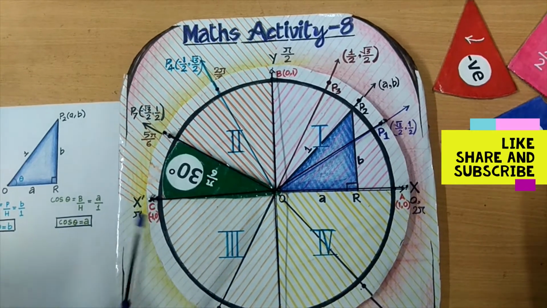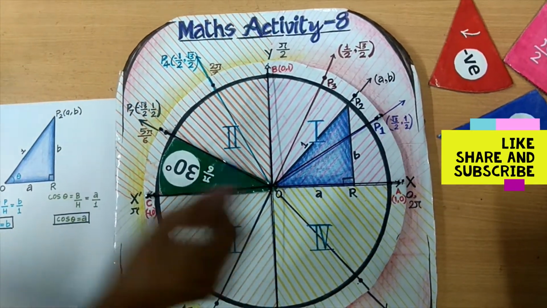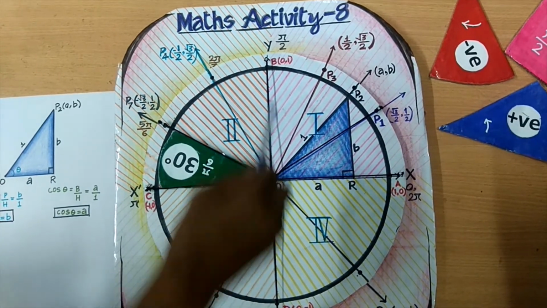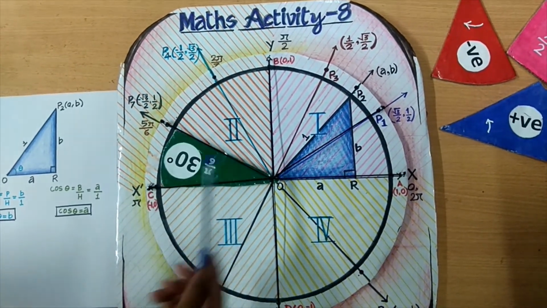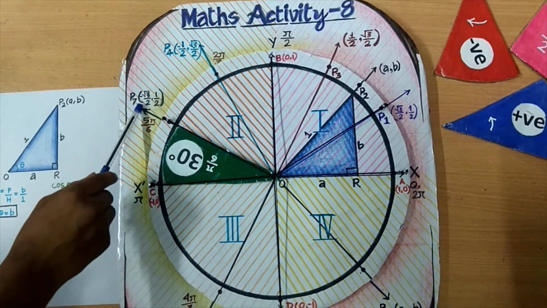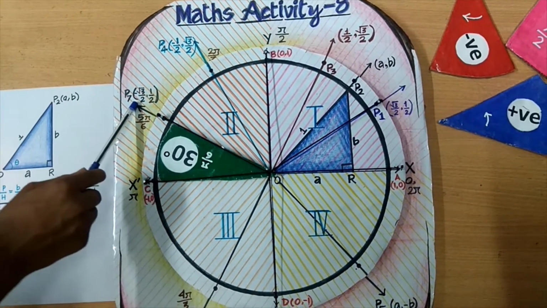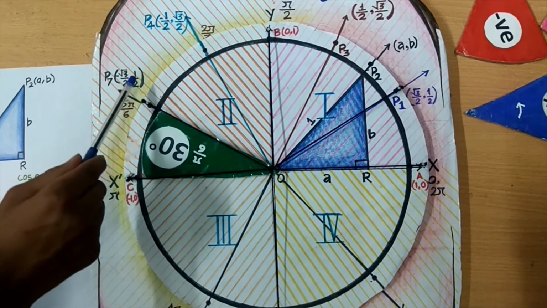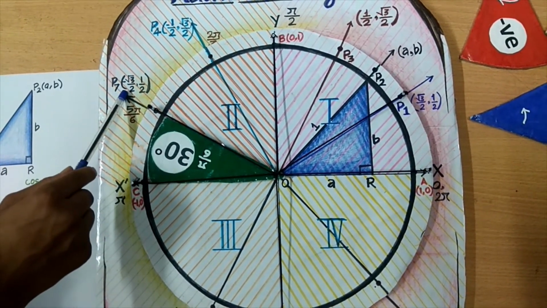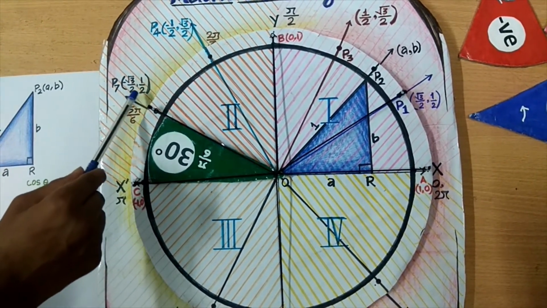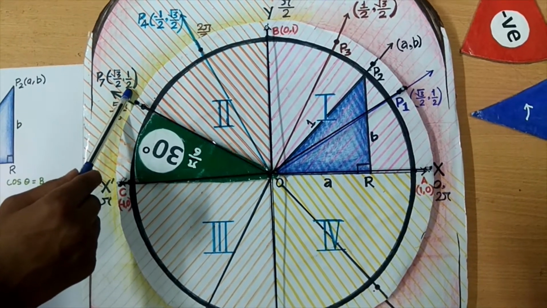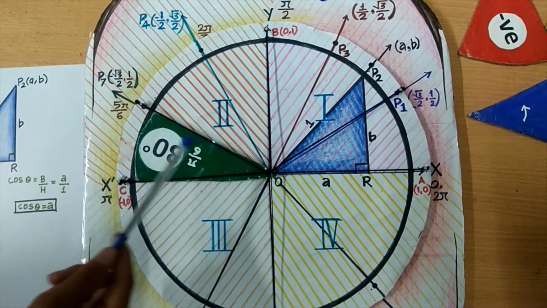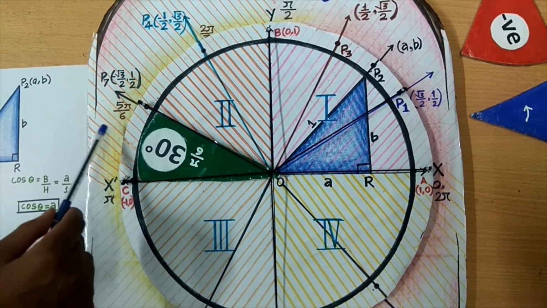We can observe that point P1 and point P7 are the mirror image of each other with respect to y-axis. The coordinate of P7 will be minus under root 3 by 2 and 1 by 2, which implies that cos 5 pi by 6 is equal to minus under root 3 by 2 and sin 5 pi by 6 is equal to 1 by 2. So we have found out the value of 5 pi by 6 by using the value of pi by 6.